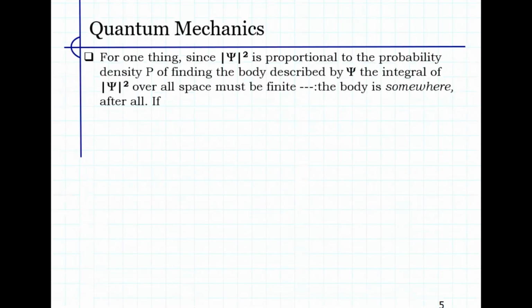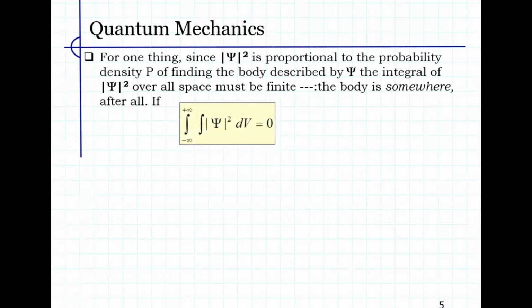Since this psi squared is proportional to the probability density of the particle to be found at a certain position, then if the particle is described by the wave function psi, the integral value of the psi squared over all space must be finite, because the body is somewhere after all.